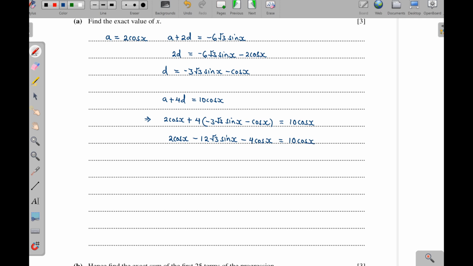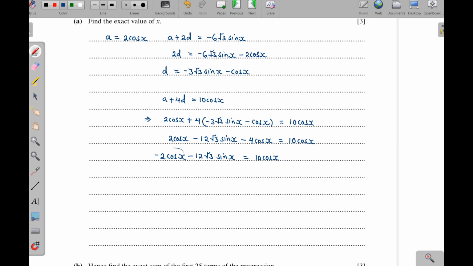So I need to put cosine onto one side and then sine onto one side, right? So we can have negative 12 root of 3 sine of x. This is 2 minus 4. That's a negative 2, not so? A negative 2, then when it crosses, it becomes a plus. So we shall have 10 cos x. In fact, let me leave this one as negative 2 cosine of x here for my work to be so systematic.